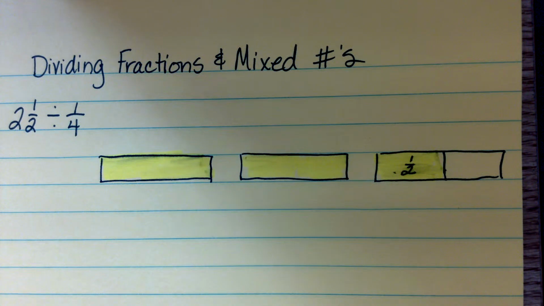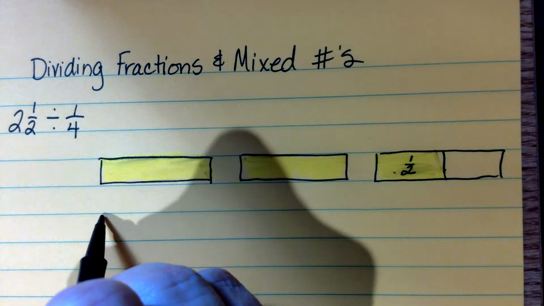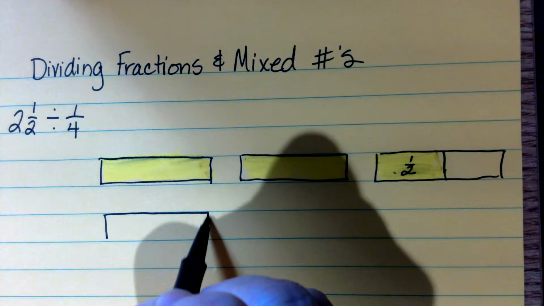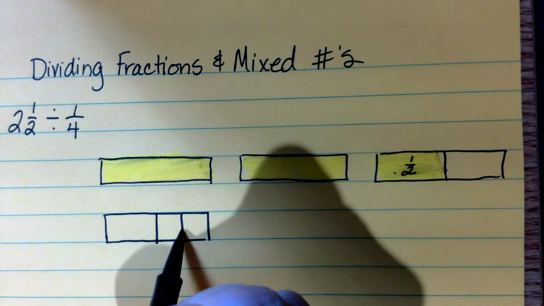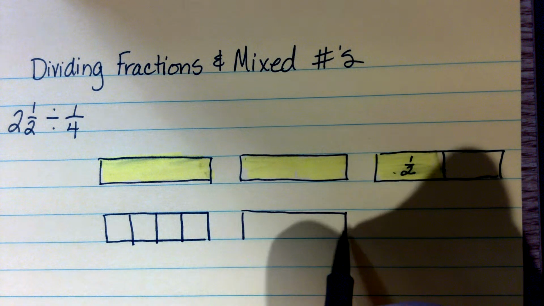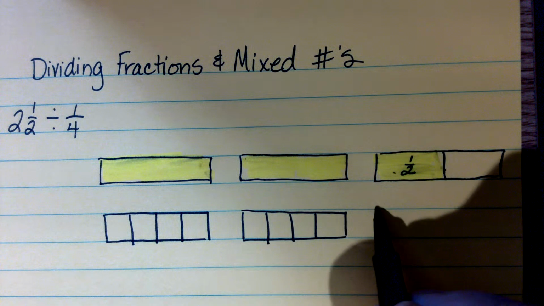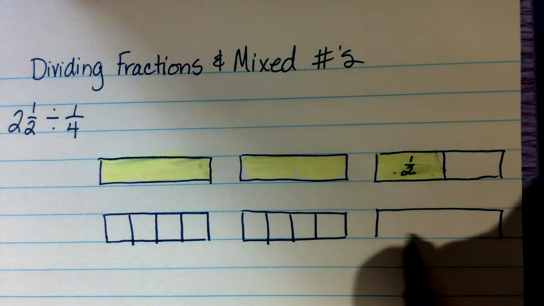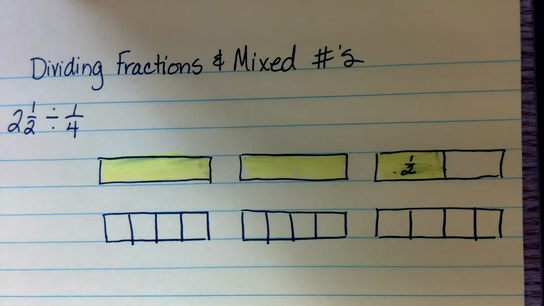Now, if we're dividing 2 1/2 by 1/4, what we're doing is literally taking this whole and breaking it into fourths, and taking this whole and breaking it into fourths, and taking this whole and breaking it into fourths, and then we're going to color in the 2 1/2 again.